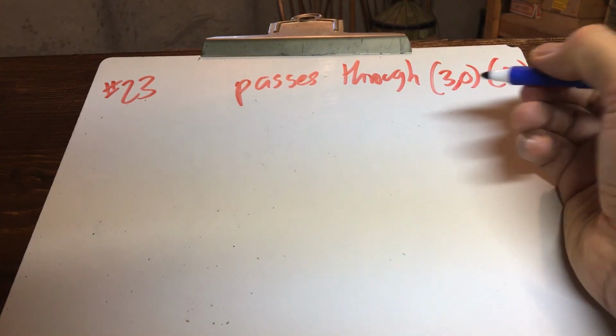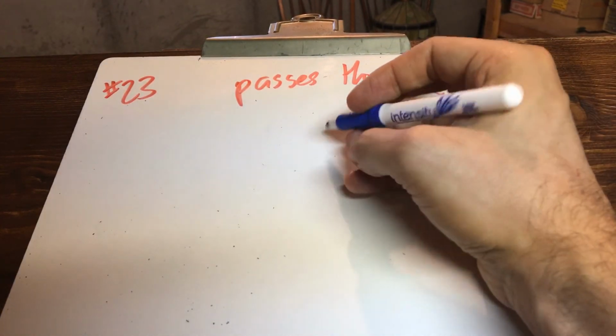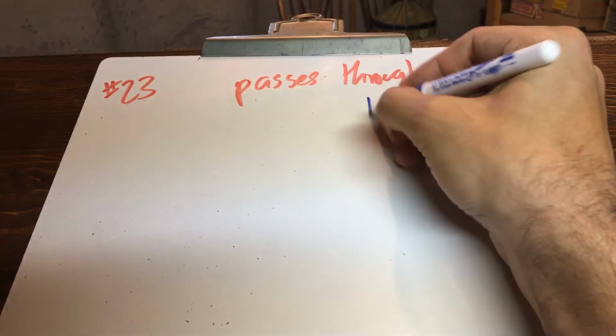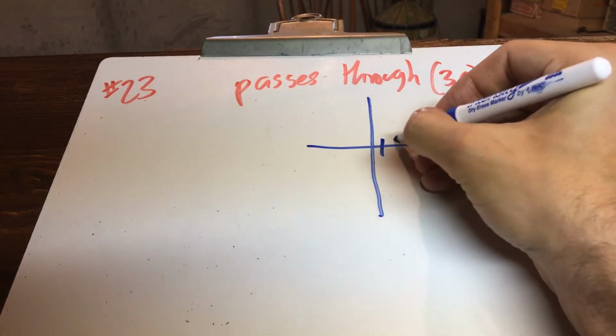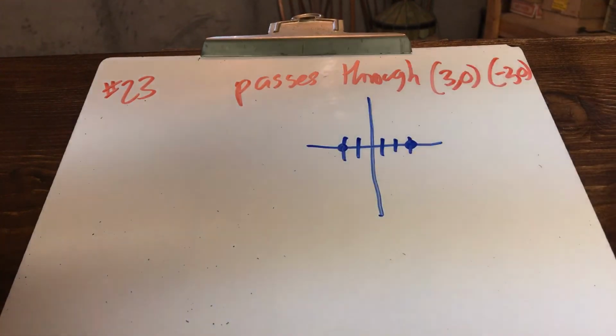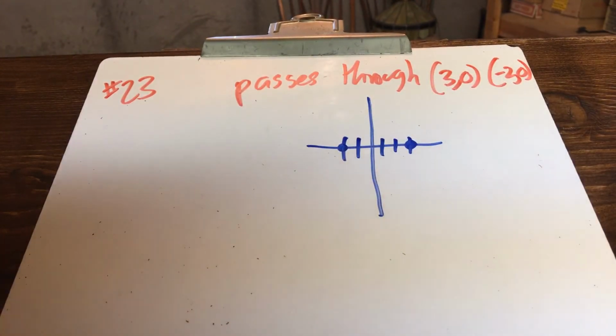So what you have to do is remember how these look. You're going to have to say, okay, on my graph, 3, 0 is like right here. Negative 2, 0 is right there. I know those are my x-intercepts. So how do I find the axis of symmetry?